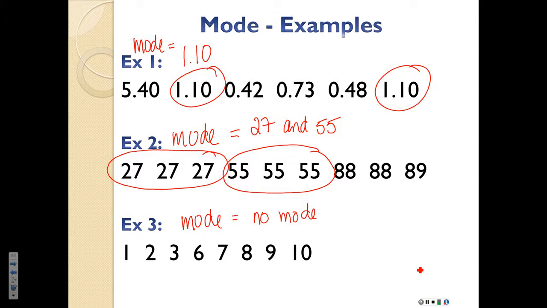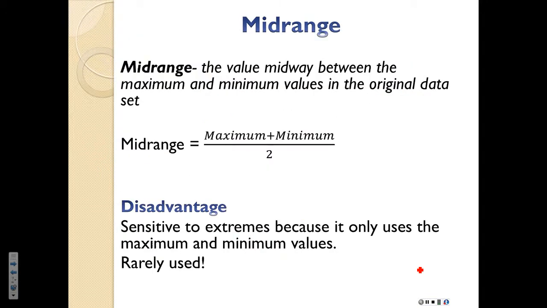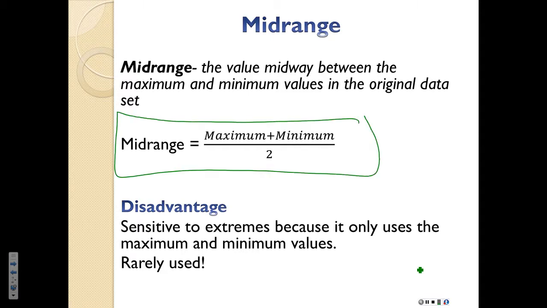We've got one more M to learn. Mid-range. For mid-range, you actually have a formula, which is very different from the other ones. So how do you find mid-range? It's the max plus the min, and you divide by 2.